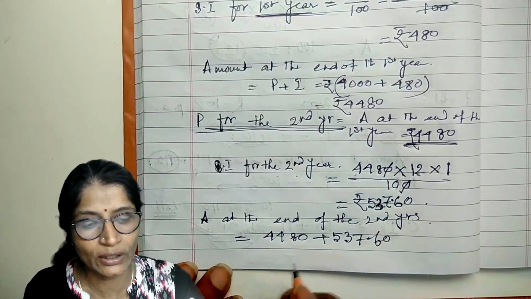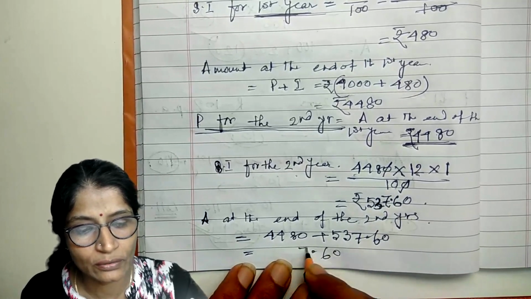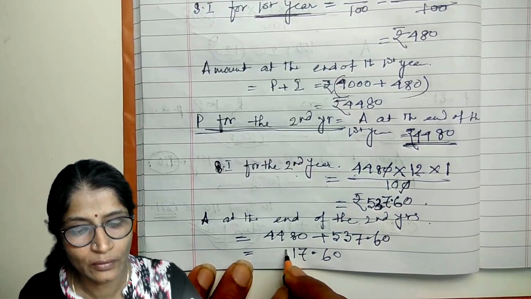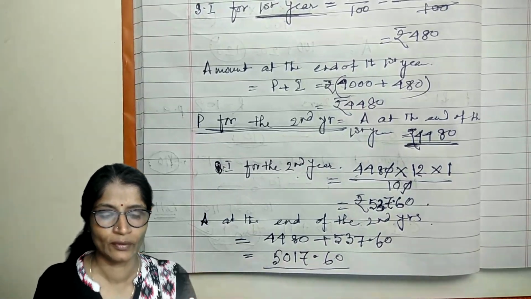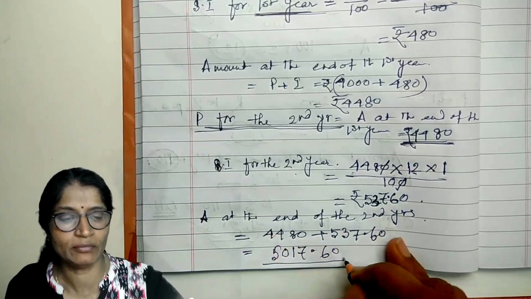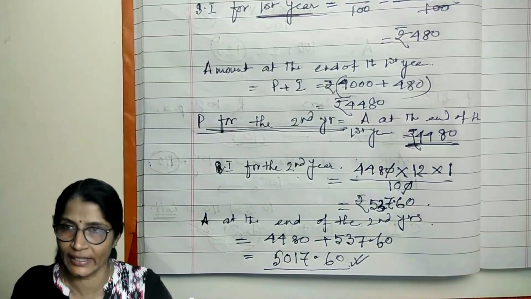Now take the total. So it will come out 5017.60. So that will become the amount at the end of the second year.